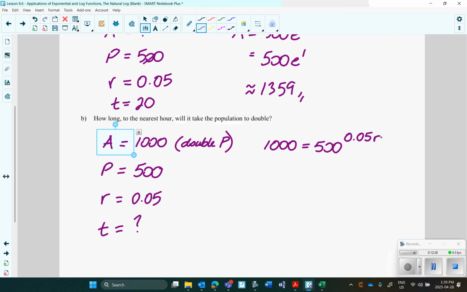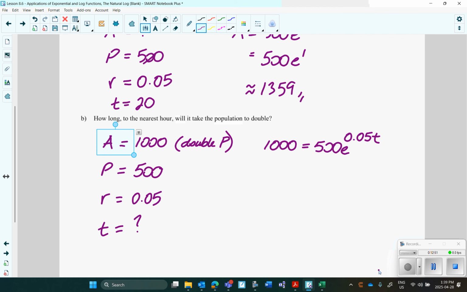Littered with mistakes today. I forgot the e. I need to bring t down from the exponent.